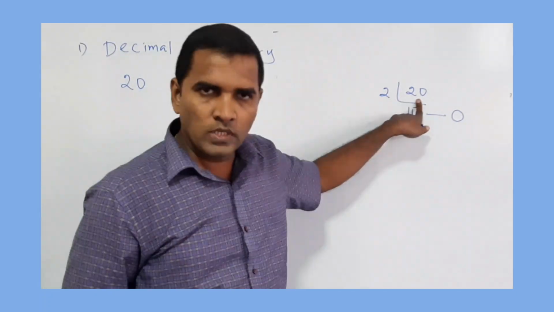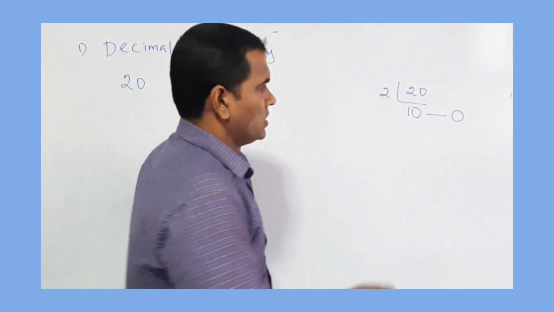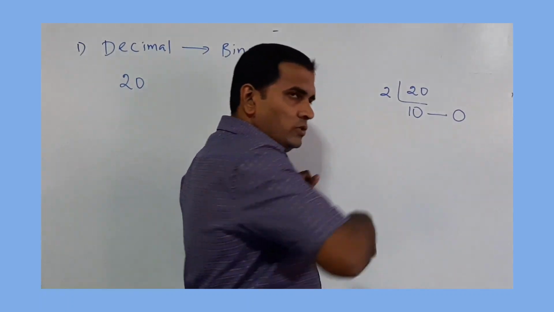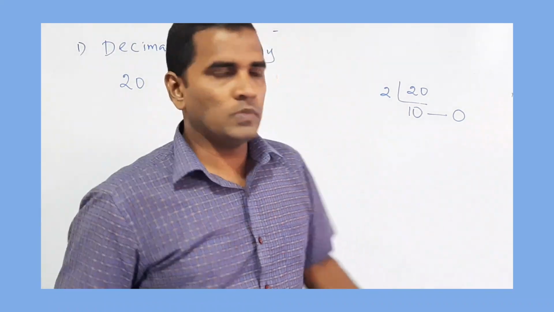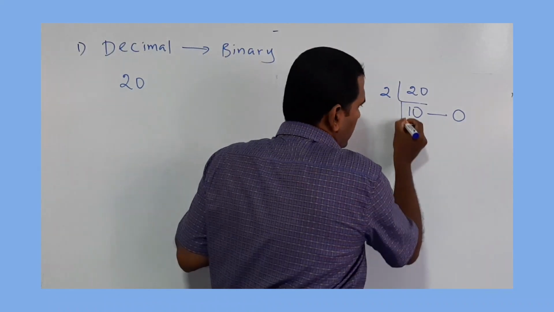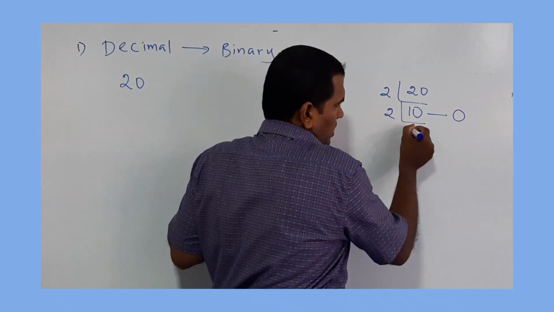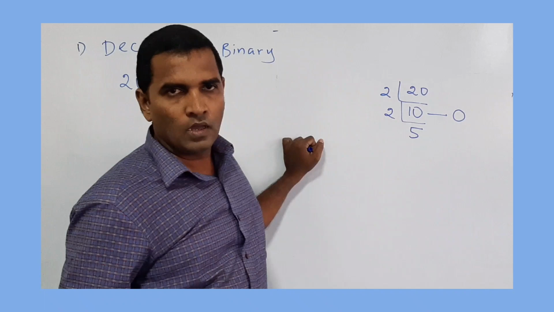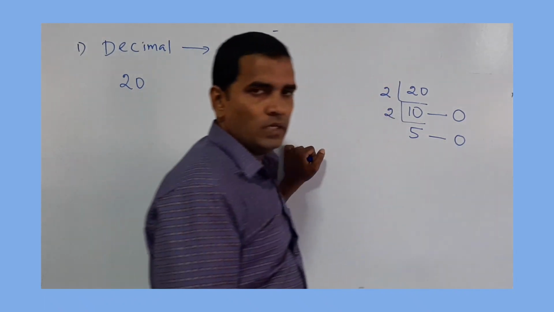So divide 20 by 2, and you have 10 times and remainder 0. As I told you earlier, you have to divide that number as much as possible. So divide it again, further, by 2. So 5 times. Here also you don't have any remainder, so the remainder is 0.